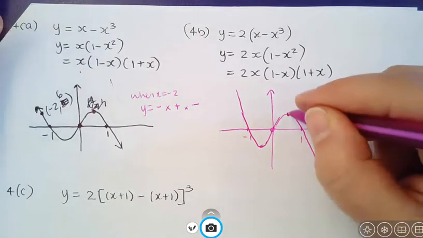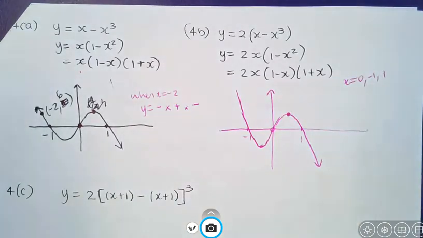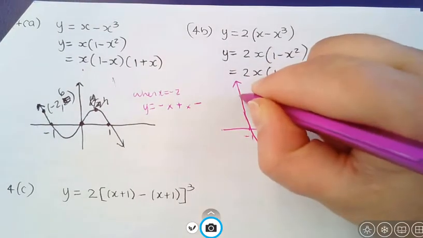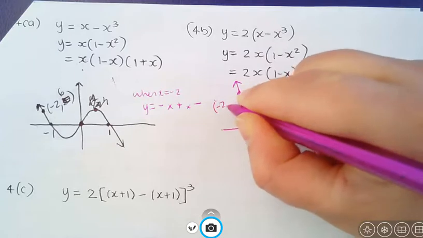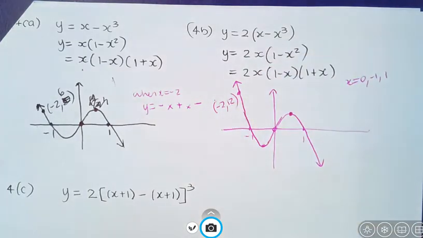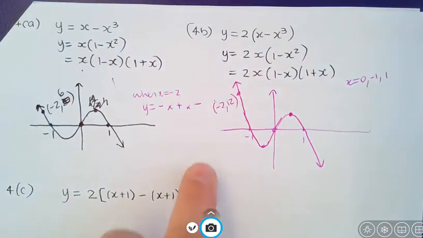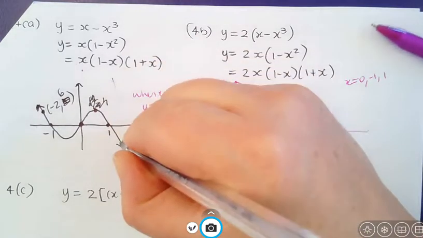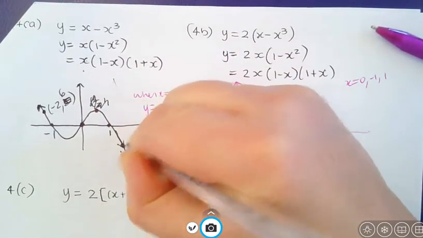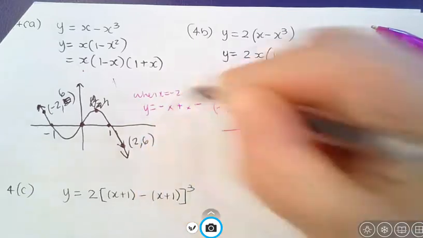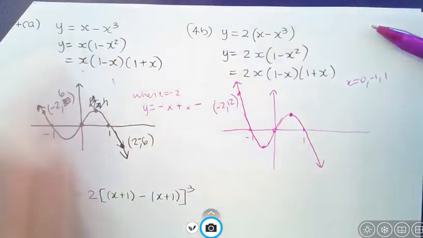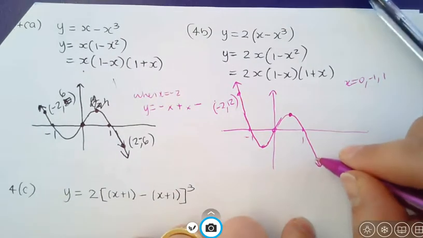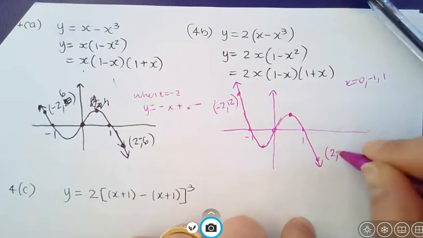It would only be exactly at a half if it had symmetry. But what I can indicate is that this point, instead of being negative 2, 6, will be negative 2, 12. Okay? And this point down here at, say, 2 something, this is more than likely 2, negative 6. So on this graph, the corresponding point would be 2, negative 12.